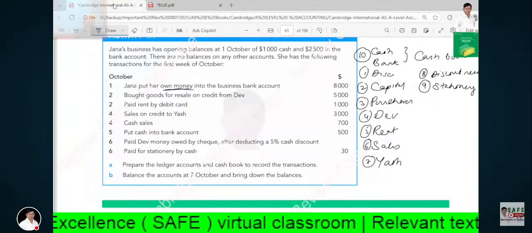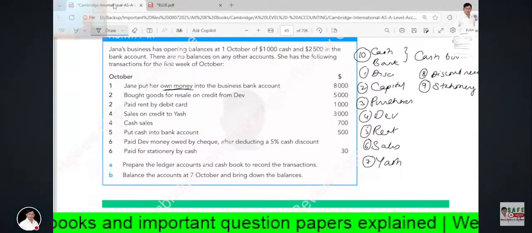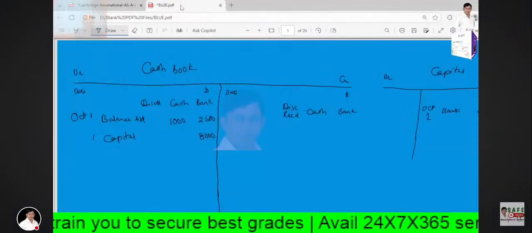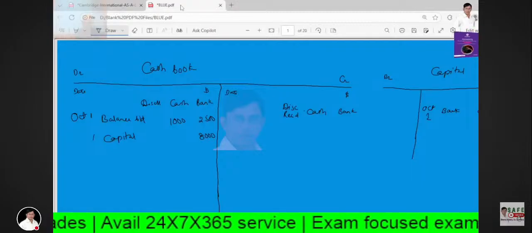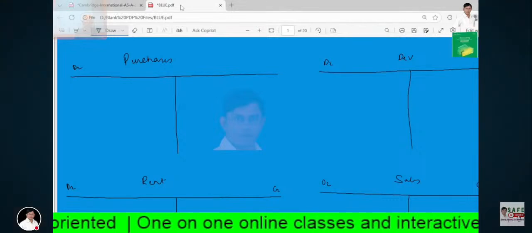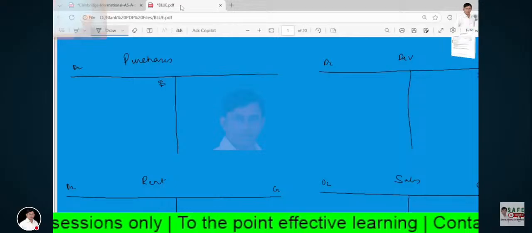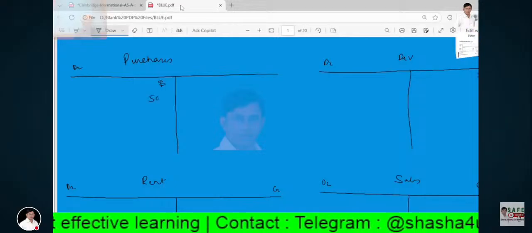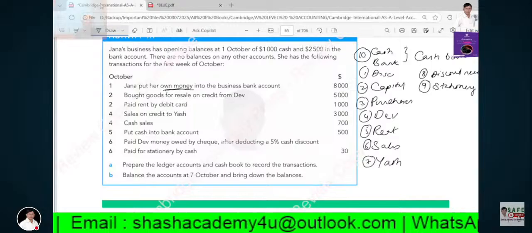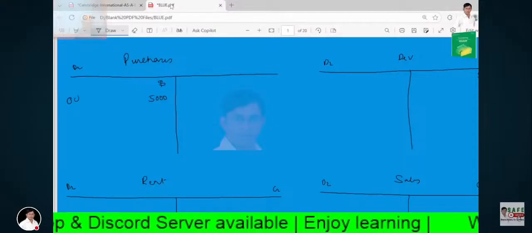Next, bought goods for resale on credit from Dev, $5,000. Purchases $5,000. The date is October 2nd.